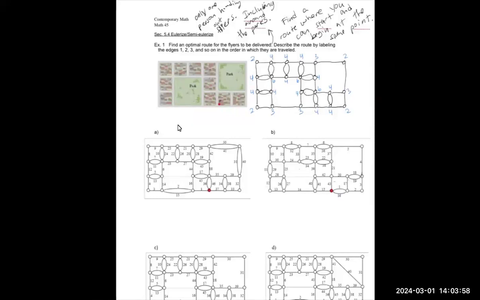All right, I'm just going to go through all my vertices, double checking that I got all of them labeled. All right, I believe I got all the degrees labeled.